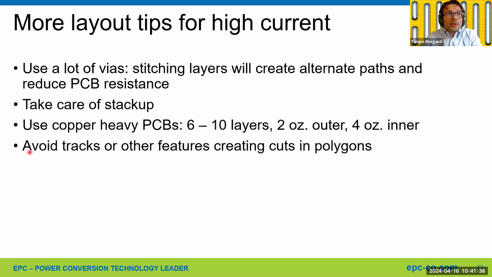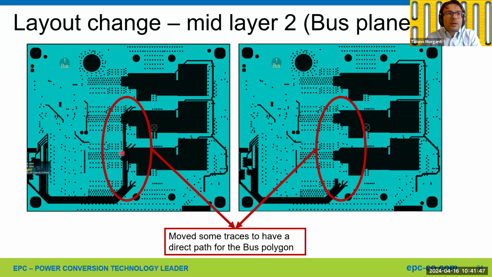The other recommendation is to avoid that tracks or other features in the PCB are creating cuts in the polygons. So in this picture, we have, let's say, moved from this solution on the left, which had some routing tracks cutting the VBus polygon going to the half bridges.